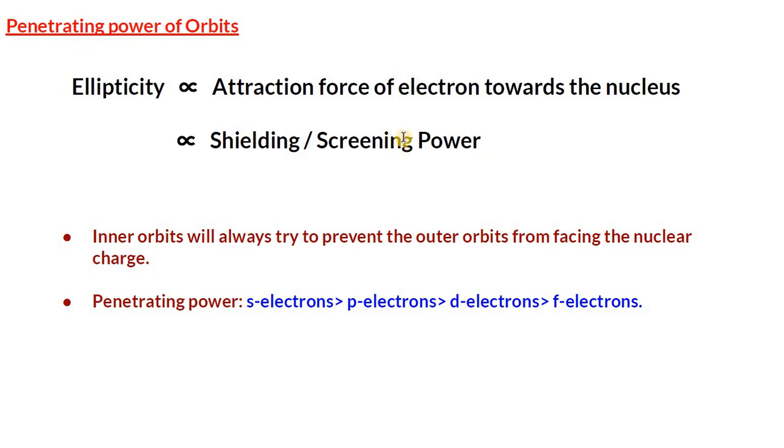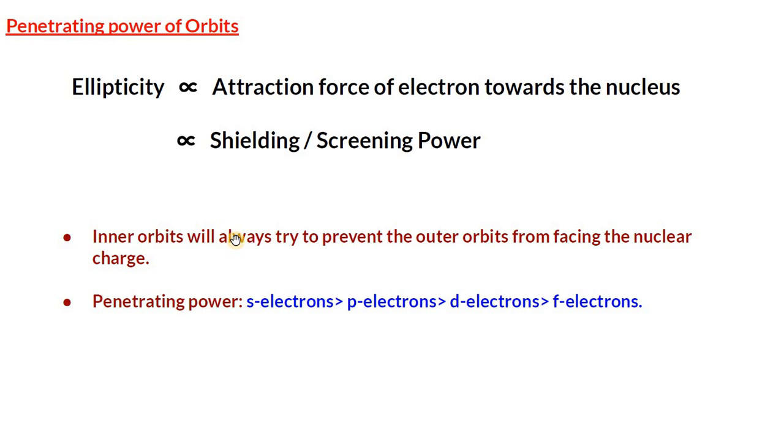So attraction will not go outside that electron layer, outside that orbit layer. So if this occurs, then the orbit which makes the layer becomes an inner orbit, and it will prevent the outer orbits from facing the nuclear charge.